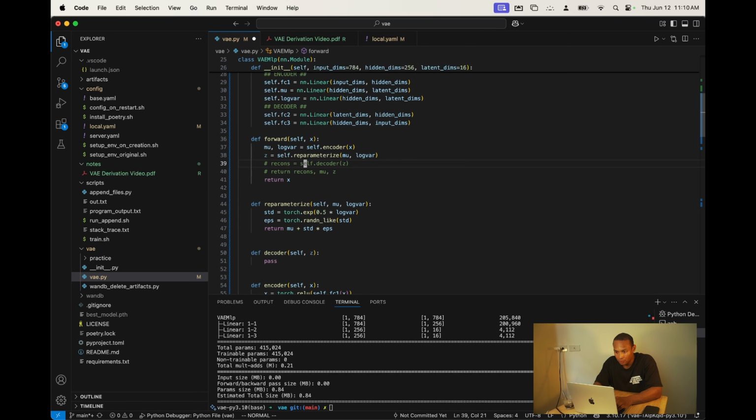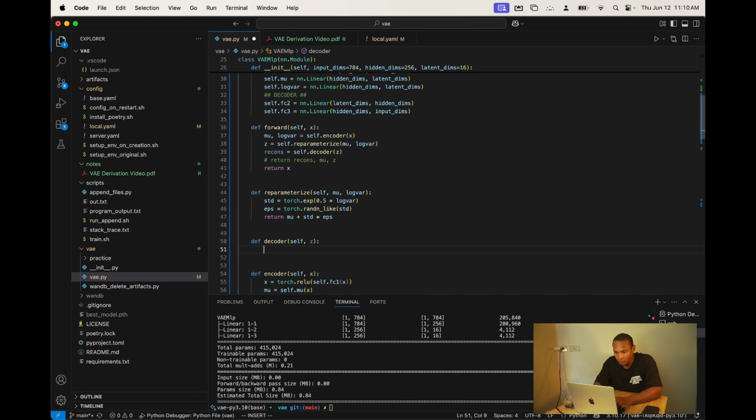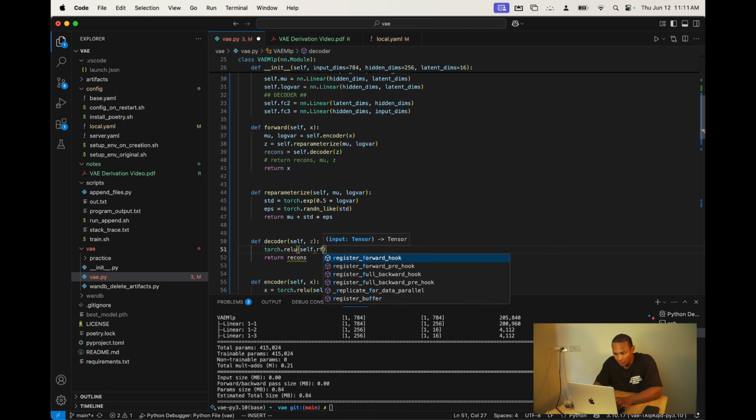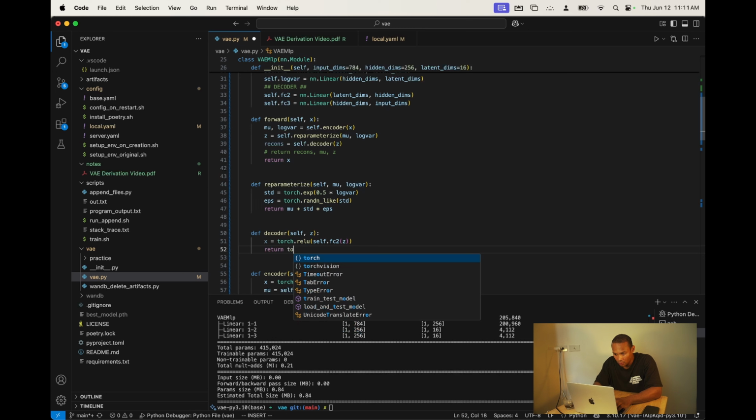So decoder, self.fc3 of x, using torch dot use self dot fc to z.